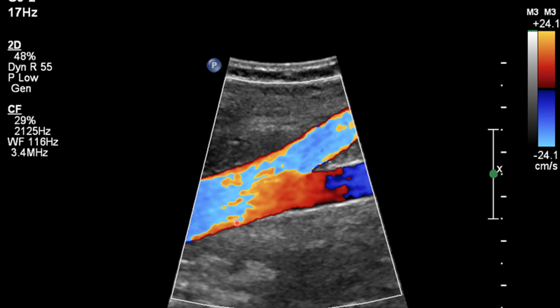And the one closest to your transducer is going to be the one closest to whichever side you're on. So if they took this picture from the right side, then this is your right common iliac and this is your left common iliac. If the transducer is off to the left pointing back at the aorta, then this is the left common iliac and this is the right common iliac. So it's all dependent upon your window.